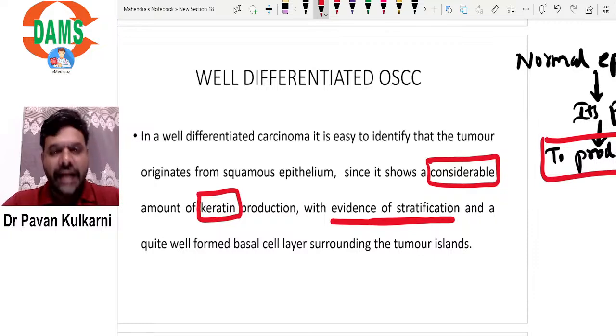It will show stratification and maximum keratin production. These are important points to remember. So in this paragraph, we have understood that it will produce maximum keratin, and stratification is retained.